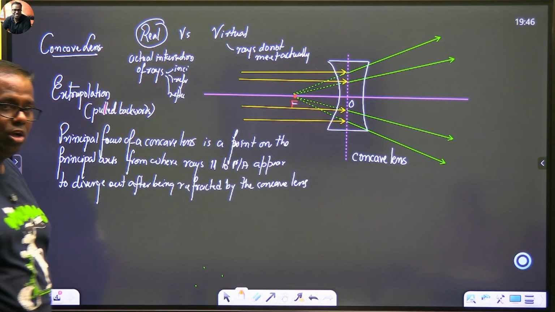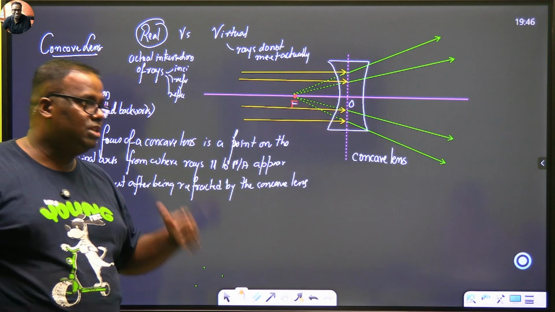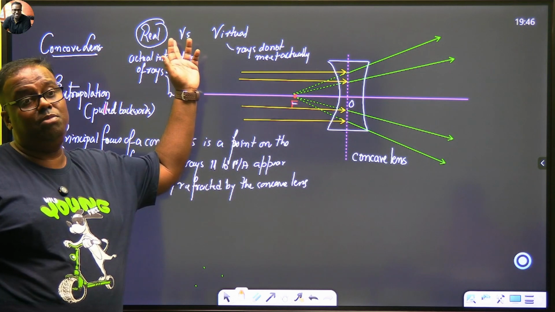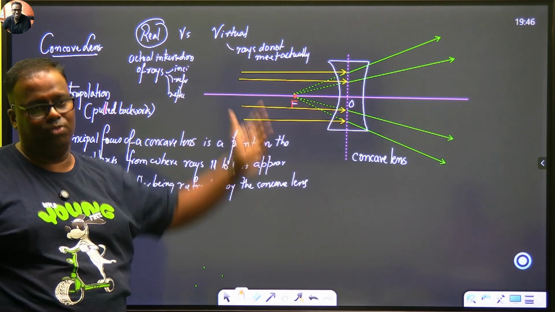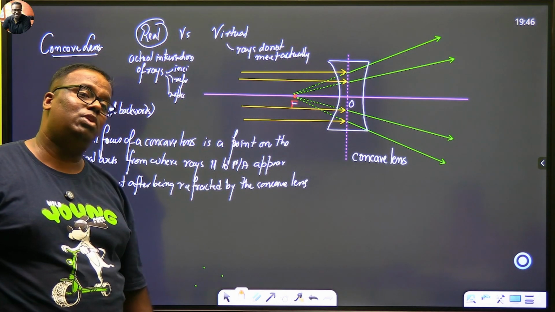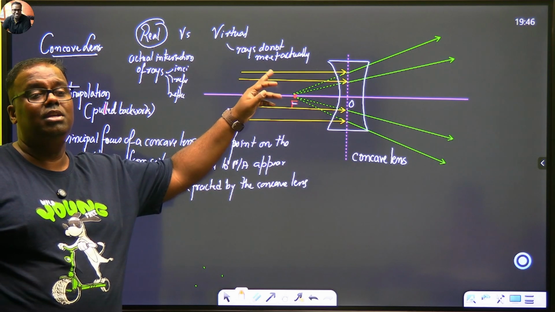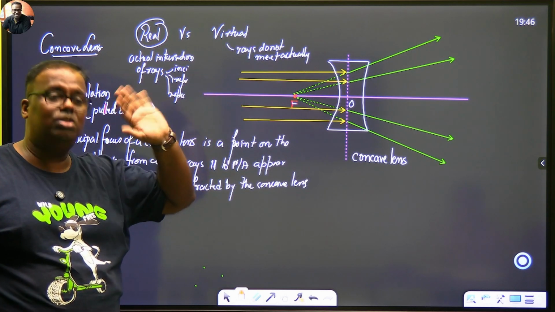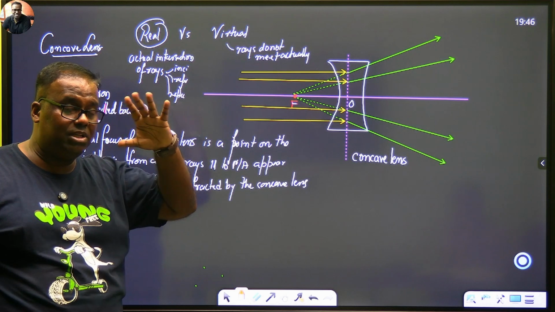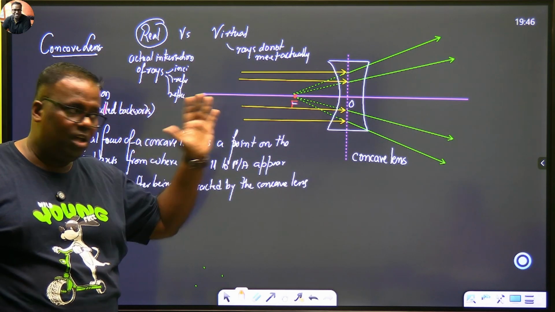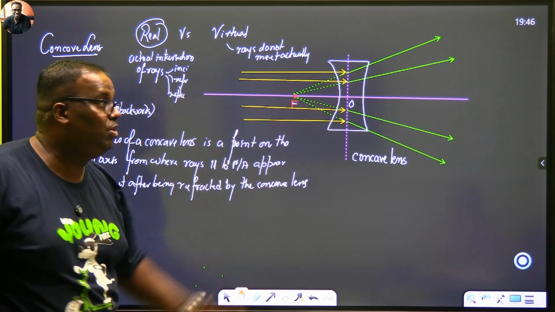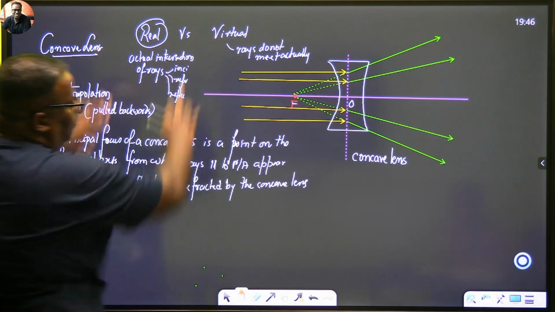So if you talk about an image, what is an actual or a real image? A real image is formed by actual intersection of rays. What is a virtual image? A virtual image is formed by rays which actually did not intersect, but we had to make them intersect to get an image. Here we are not talking about real image. Here we are talking about, these are two adjectives that we will be using.